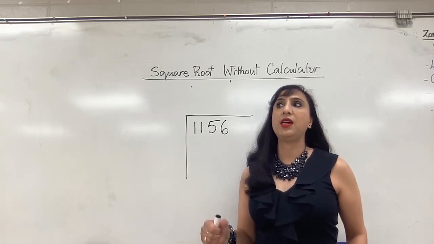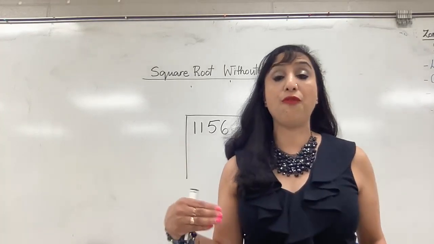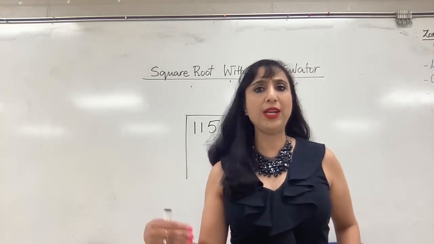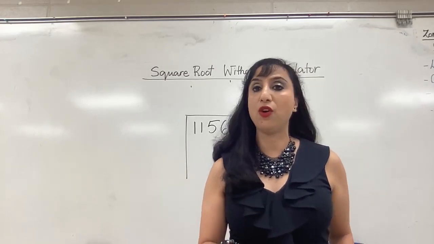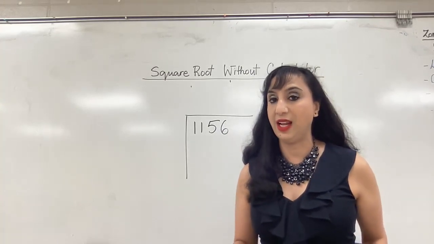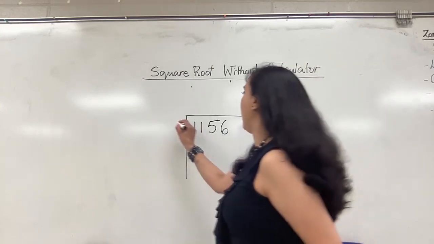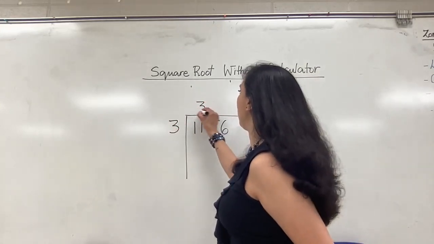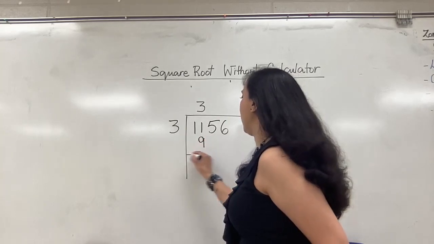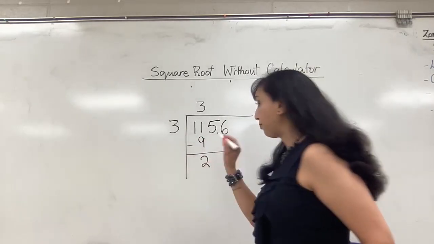I look at 1 times 1, 2 times 2, 3 times 3, 4 times 4. 3 times 3 gives me 9, but 4 times 4 gives me 16, which is greater than the 11. So I'm going to use 3 times 3, which gives me 9. 11 minus 9 gives me 2.